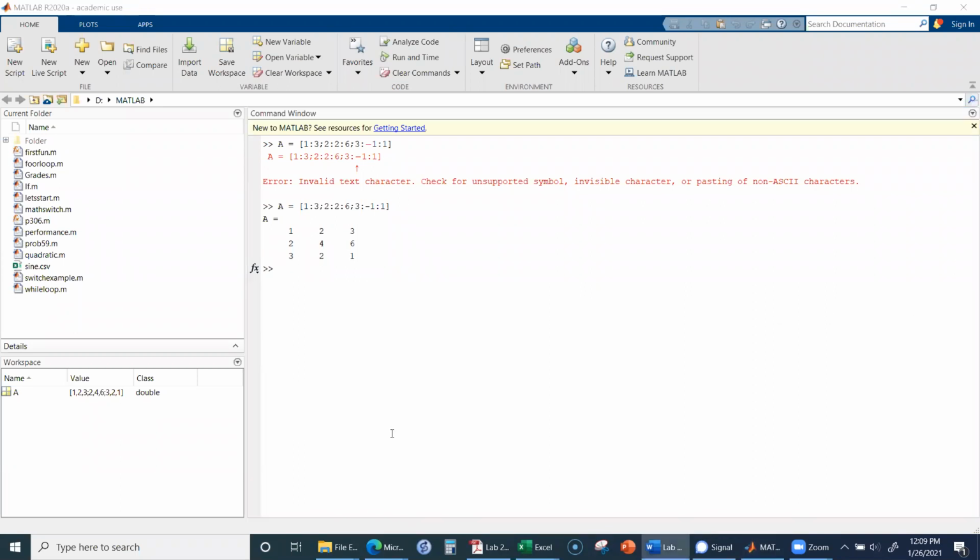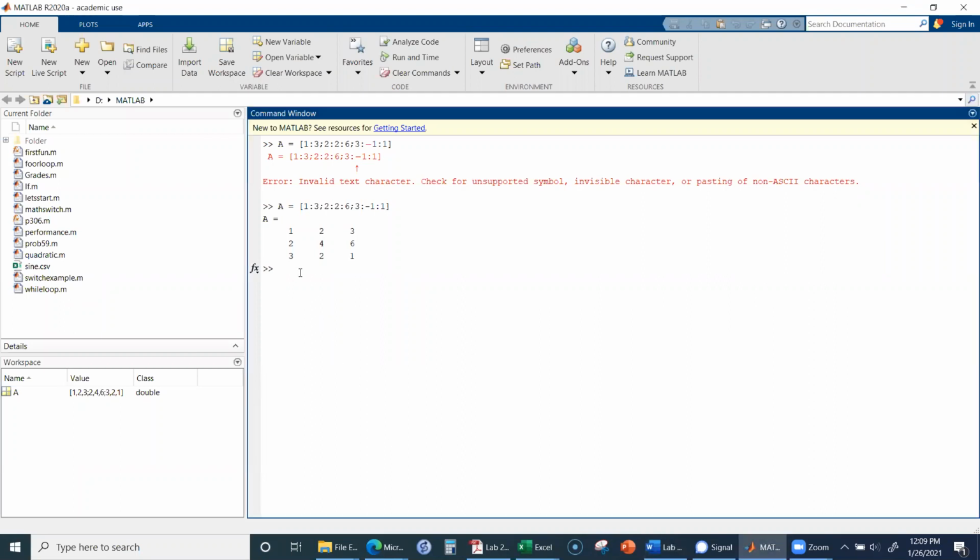Okay, and the next command is, if I want to take the transpose of this matrix, then I will write A = A, and for the transpose there is a very simple way. You just input the keyboard character apostrophe, which is the single inverted comma.